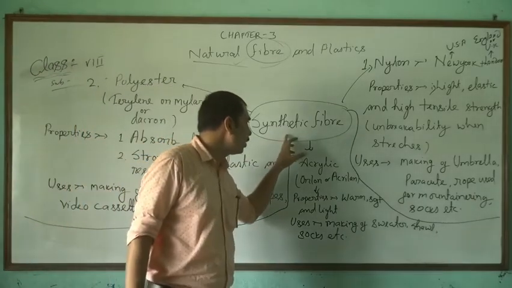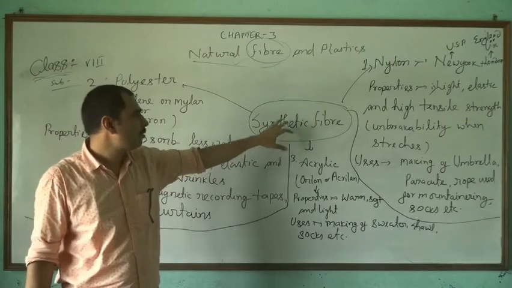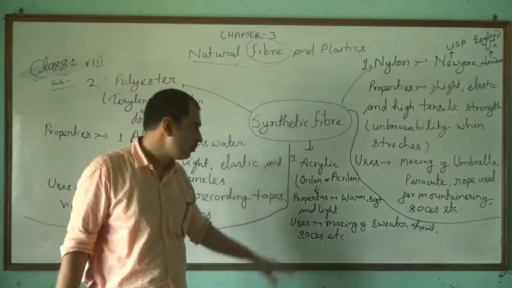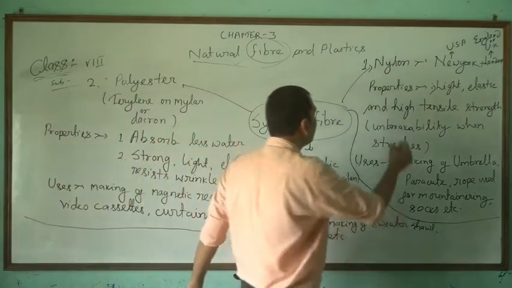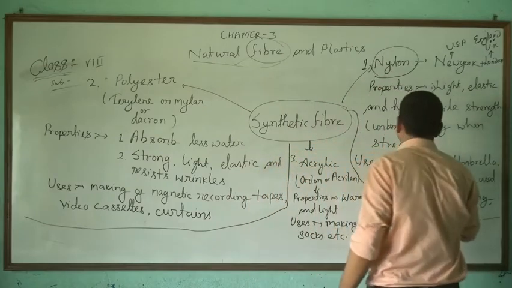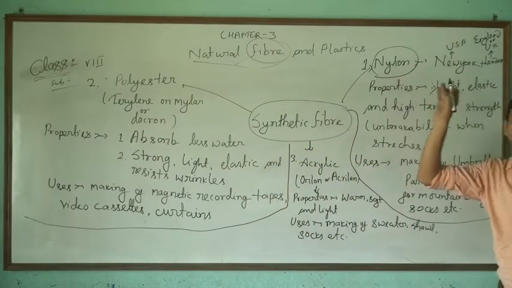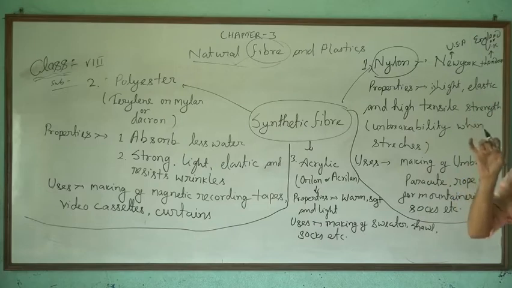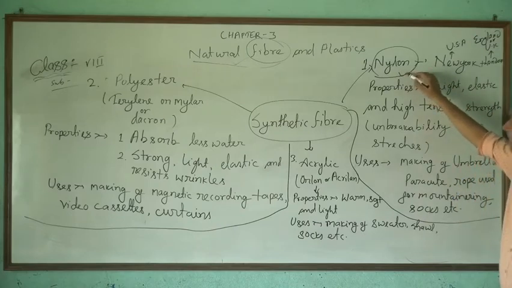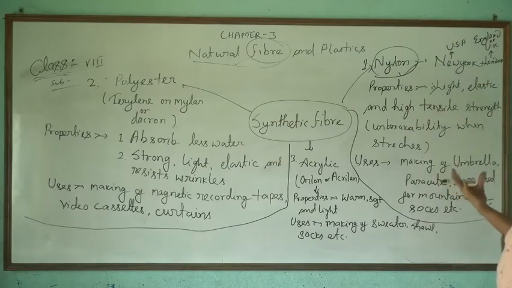Now we study the various types of synthetic fiber. We begin with nylon. Nylon is the first man-made fiber in the true sense. The name nylon comes from two major cities of the world.